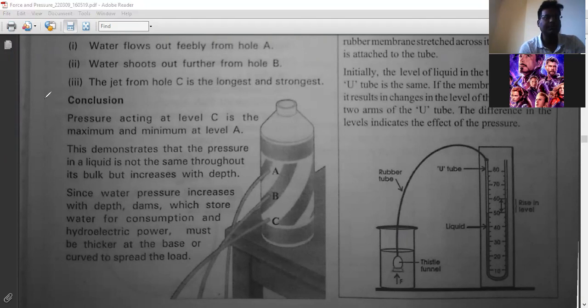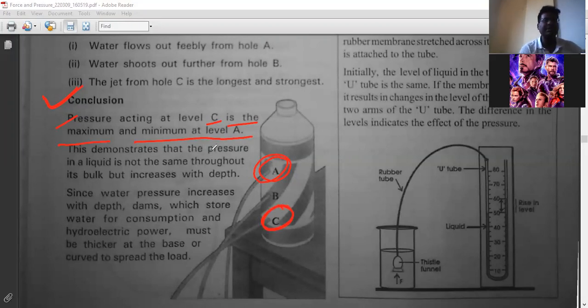So your conclusion will be that pressure acting at point C is the maximum, and minimum at point A. So this shows the minimum pressure and this shows the maximum pressure, right?